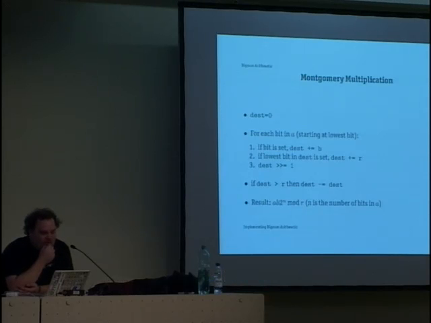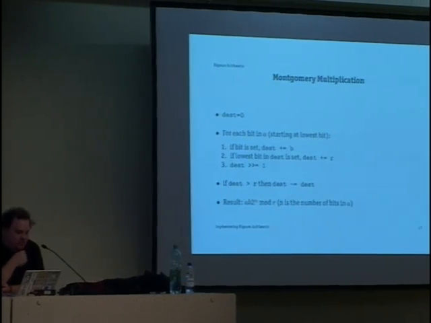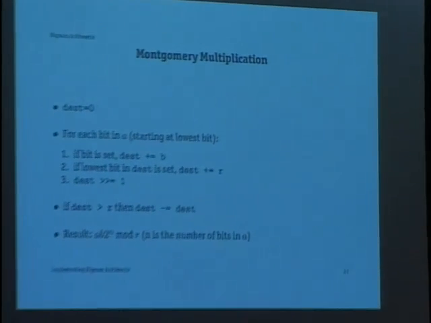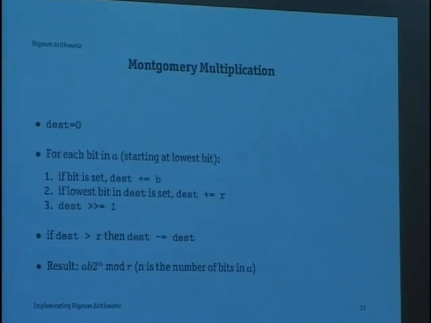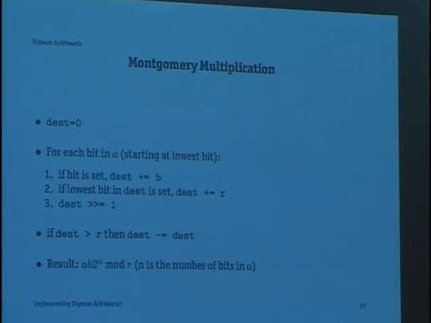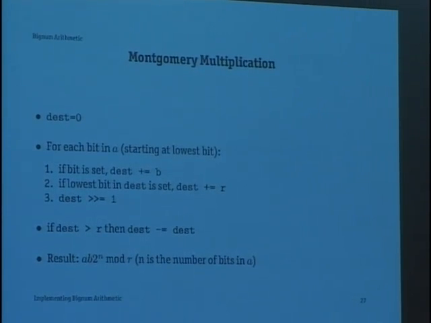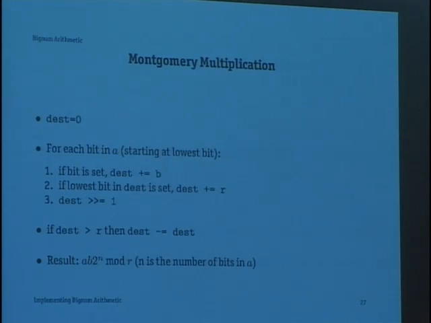So it turns out this is very inefficient, and there's some method to do it quickly, which is the Montgomery multiplication. The algorithm is surprisingly simple if you look at it. It doesn't calculate A times B modulo r, but it gives you A times B divided by 2 to the power of something modulo r, but it does that really fast.